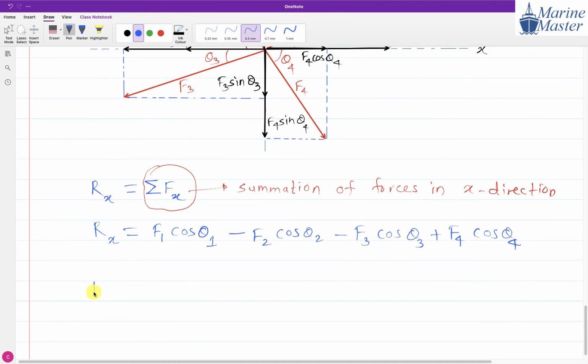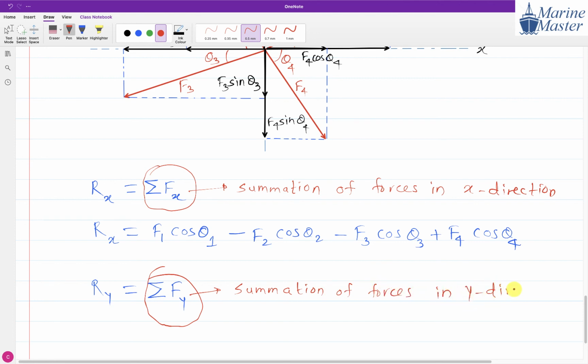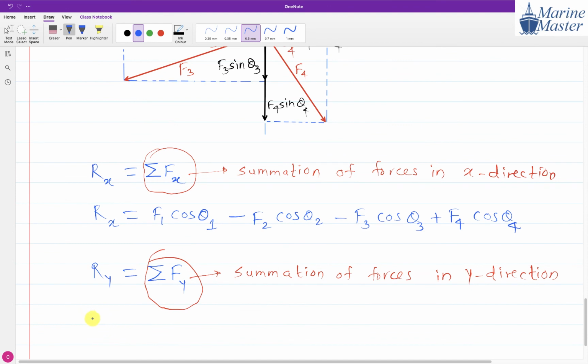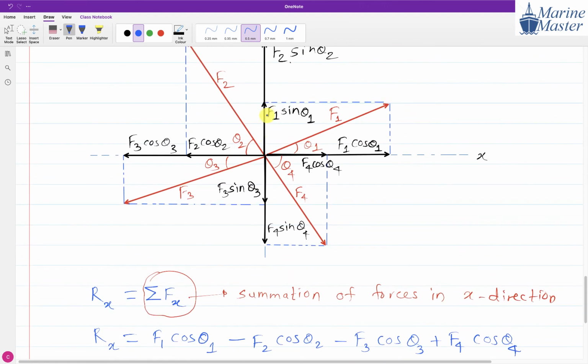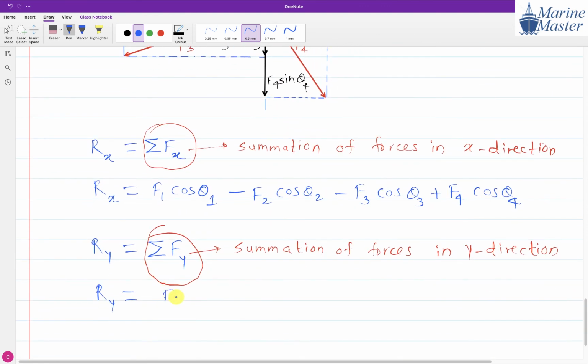Similarly, we will get Ry. How will we get the Ry? Summation of forces in Y direction. So what will Ry be? Summation of forces in Y direction. So Ry equals F1 sin theta 1 plus F2 sin theta 2 minus F3 sin theta 3 minus F4 sin theta 4.